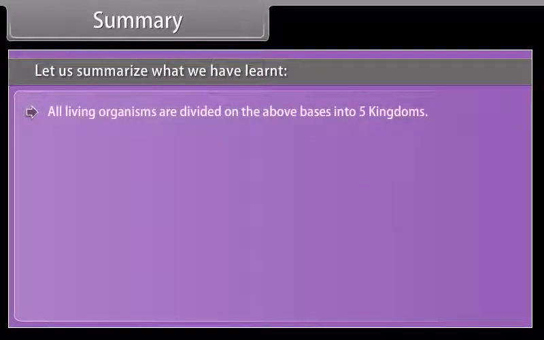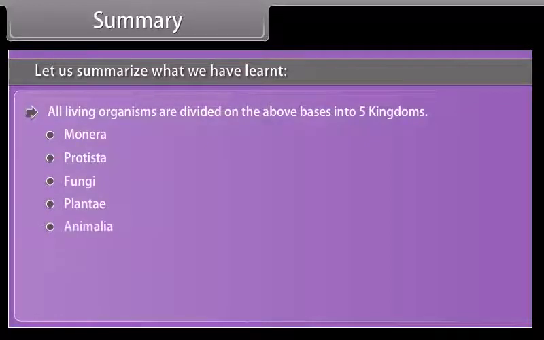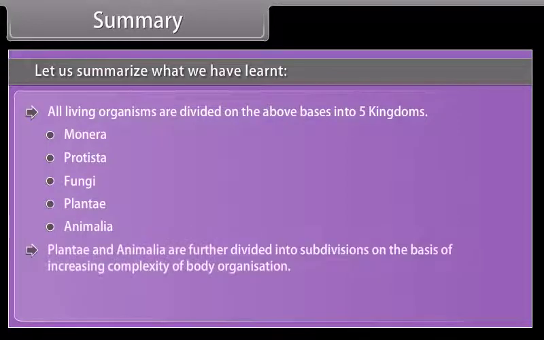All living organisms are divided on the above basis into 5 kingdoms: Monera, Protista, Fungi, Plantae, and Animalia. Plantae and Animalia are further divided into subdivisions on the basis of increasing complexity of body organization.